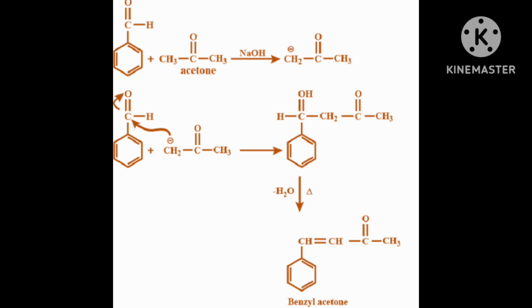Already I briefed you. Now see the condition: if both of them contain alpha hydrogen atoms, meaning aldehyde and ketone, it gives a mixture of 4 products. We will get more products.